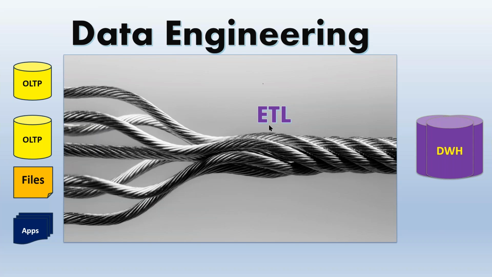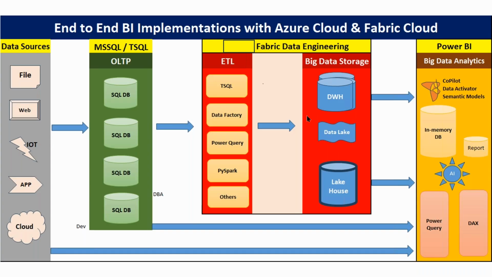This involves multiple ETL technologies. What are they? The main engineering activity involves the ETL process. The birthplace of data is files, websites, apps, cloud, forms, IoT. The data is usually sent to OLTP, online transaction processing databases.